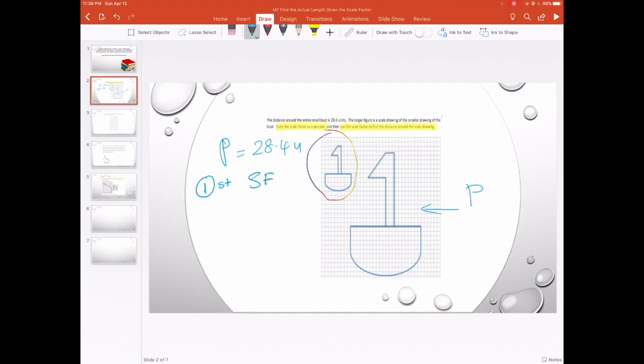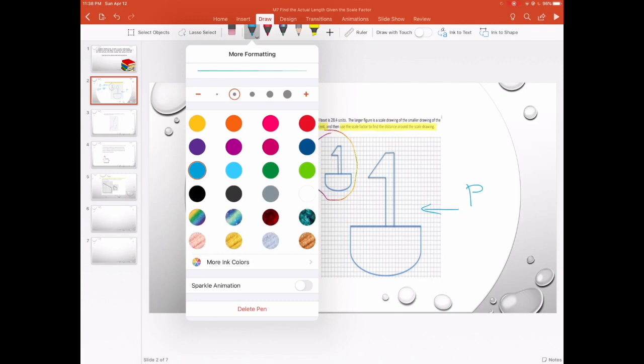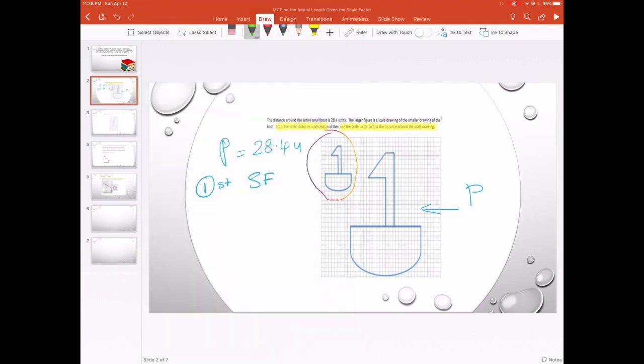They're giving us the perimeter, but we can find a corresponding side and figure out what kind of scale factor enlargement this is. This is an enlargement, obviously. What kind of enlargement has happened to go from this to this?